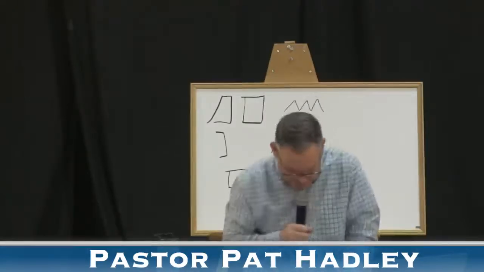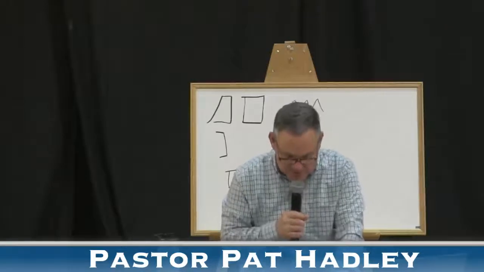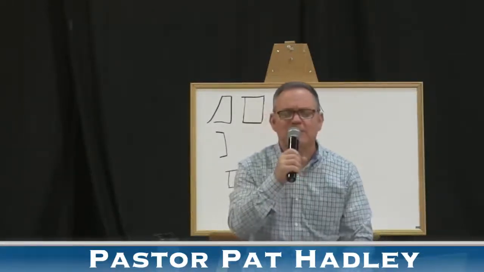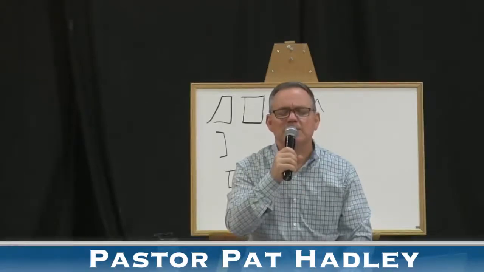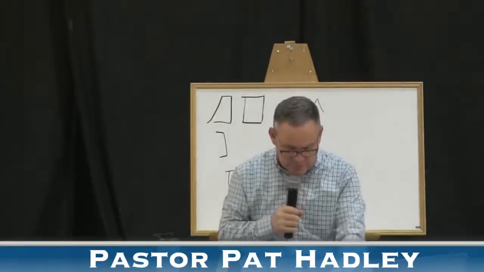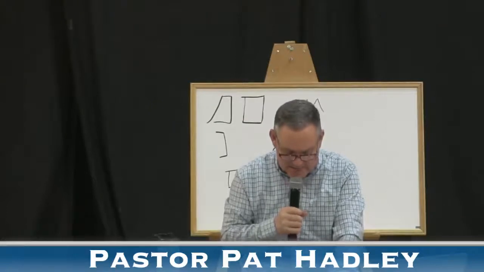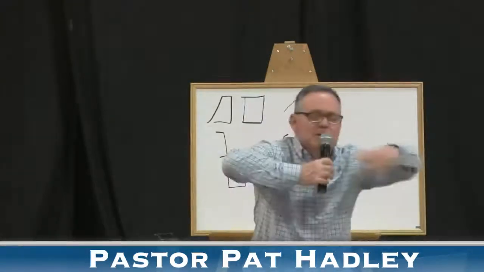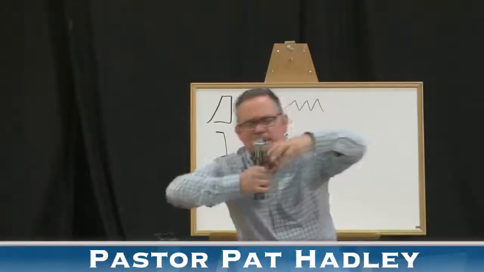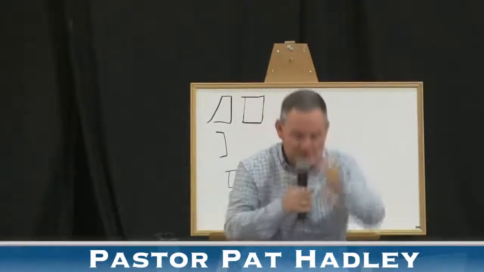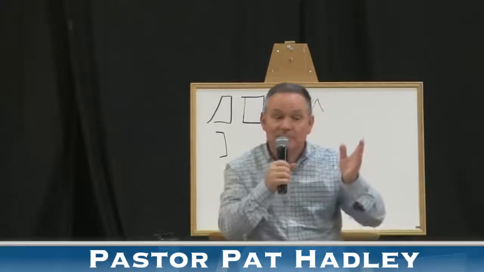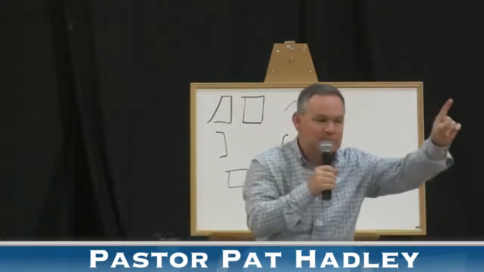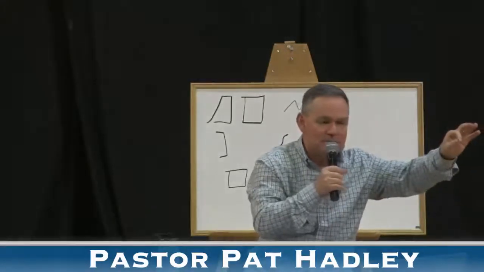Okay? Now, when Laban heard the news about Jacob, his sister's son, that would be his nephew, he ran to meet him, and he hugged him, and he kissed him, and he brought him to his house, which is that Middle Eastern greeting that they do. But there's something interesting about this that I just think we ought to know about. Laban, go back to when Eliezer was with Laban.